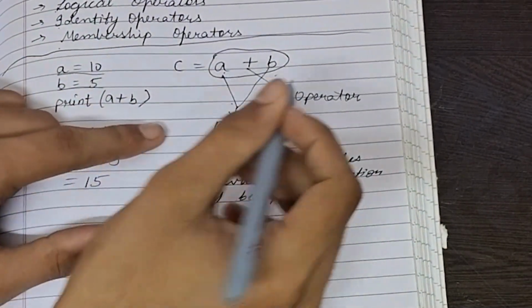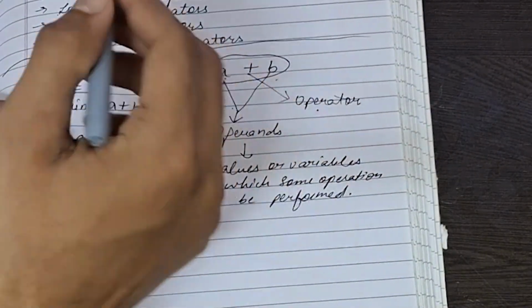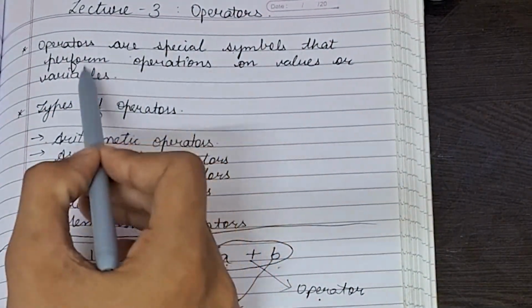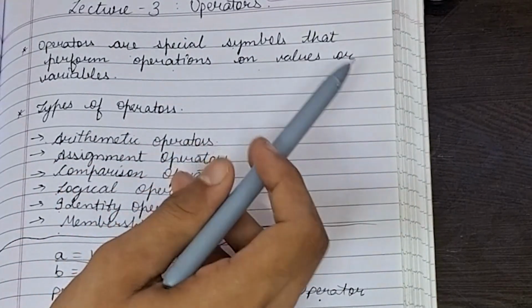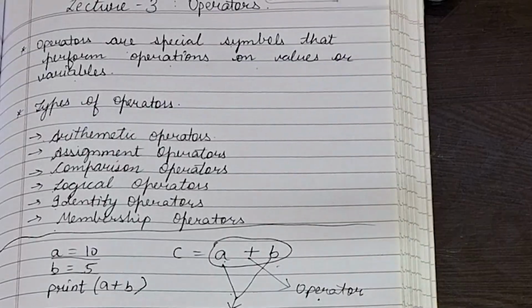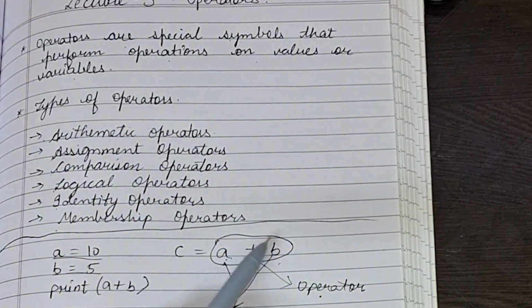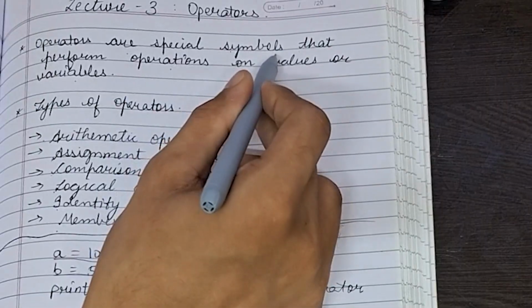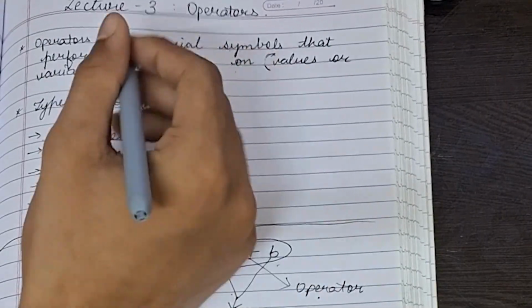Okay, so what is the meaning of operator? We have seen earlier, operators are special symbols that perform operations on values or variables. Or we can simply say that the values or variables are operands.